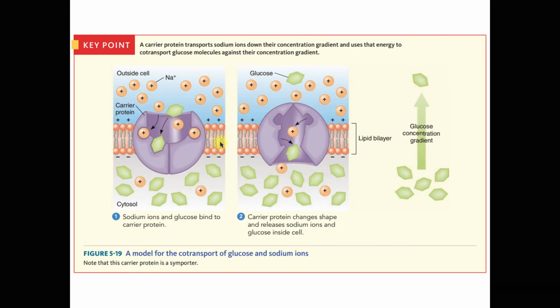So you can see from here how the glucose and sodium ion are being transported into the cell, and you should notice that the concentration of the glucose outside the cell is lower compared to the concentration of the glucose inside the cell. So this is against the concentration gradient.